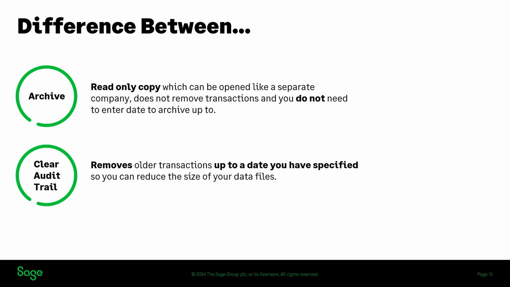With it, you would enter a date that you want to clear up to. For example, if you wanted to keep 6 years' worth of data, you would enter the chosen date. Anything before that date would be removed, given it fits certain criteria. I'm not going to delve into the Clear Audit Trail process because we have a dedicated recording on it.